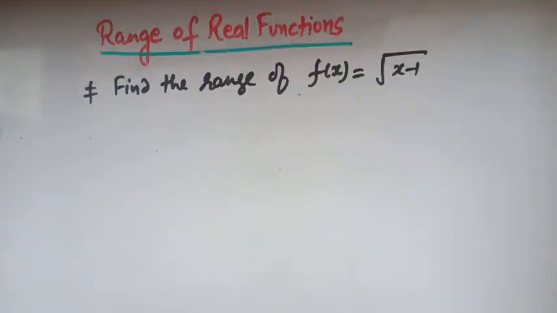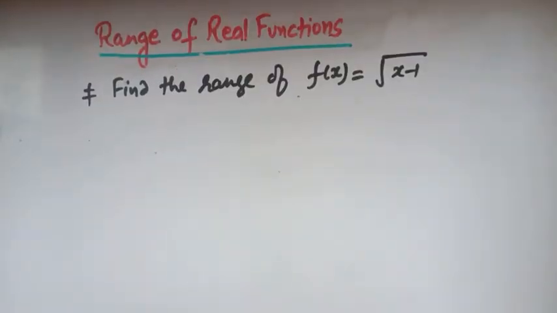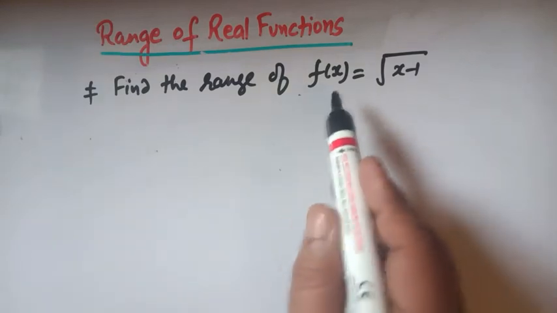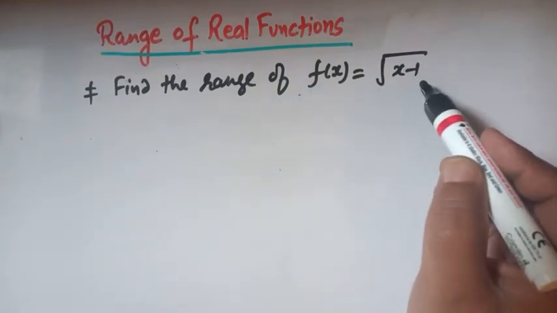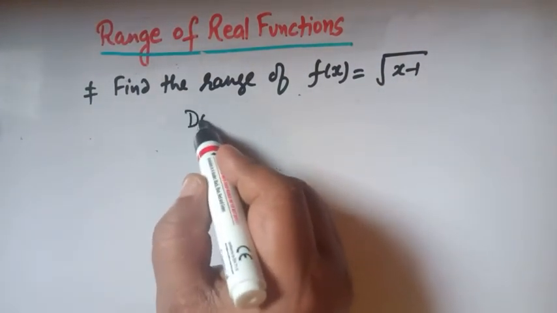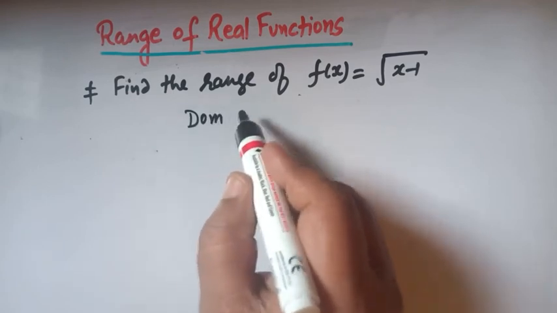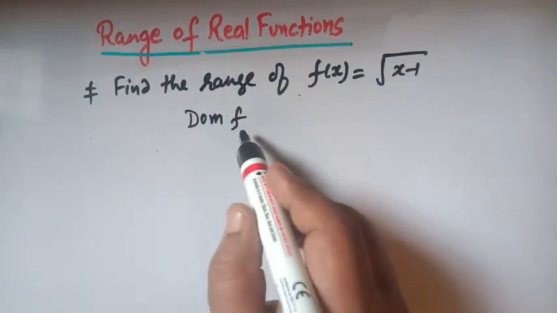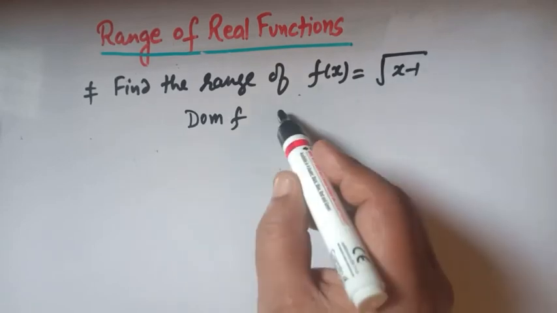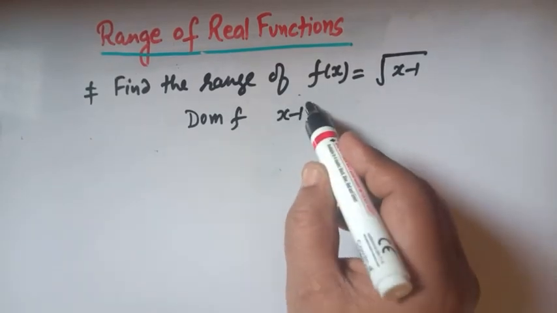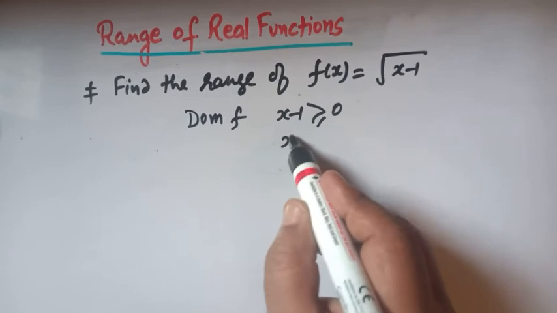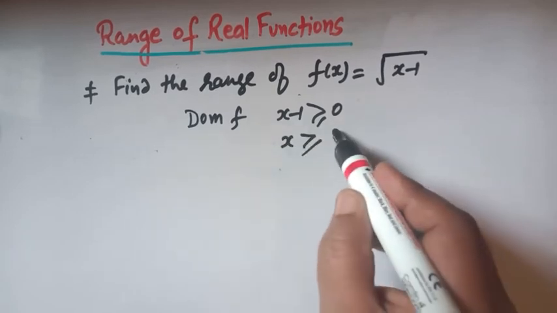So viewers, let us take another example. We have to find the range of f(x) is equal to square root of x minus 1. As we have seen in the previous video, the domain of f will consist of all those values of x for which x minus 1 is greater than or equal to 0, or x is greater than or equal to 1.